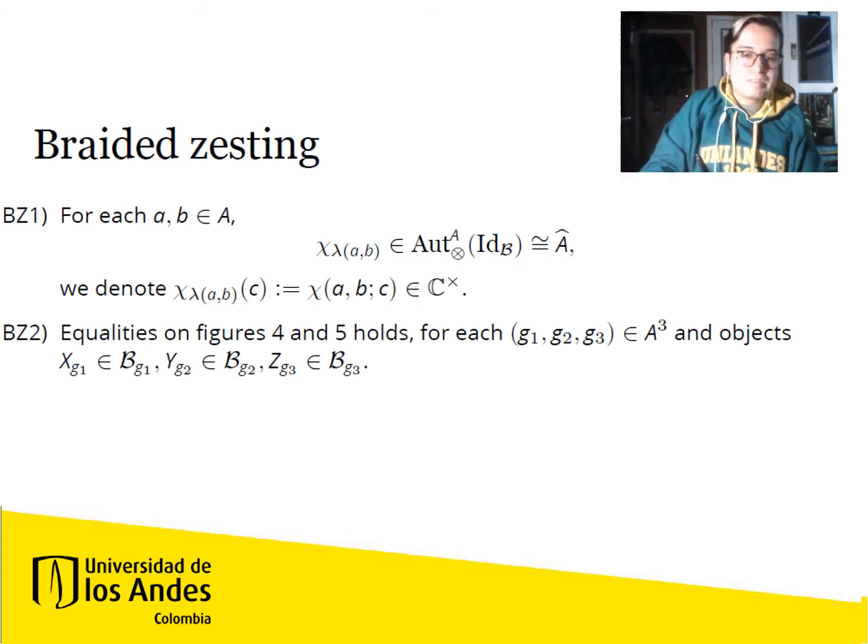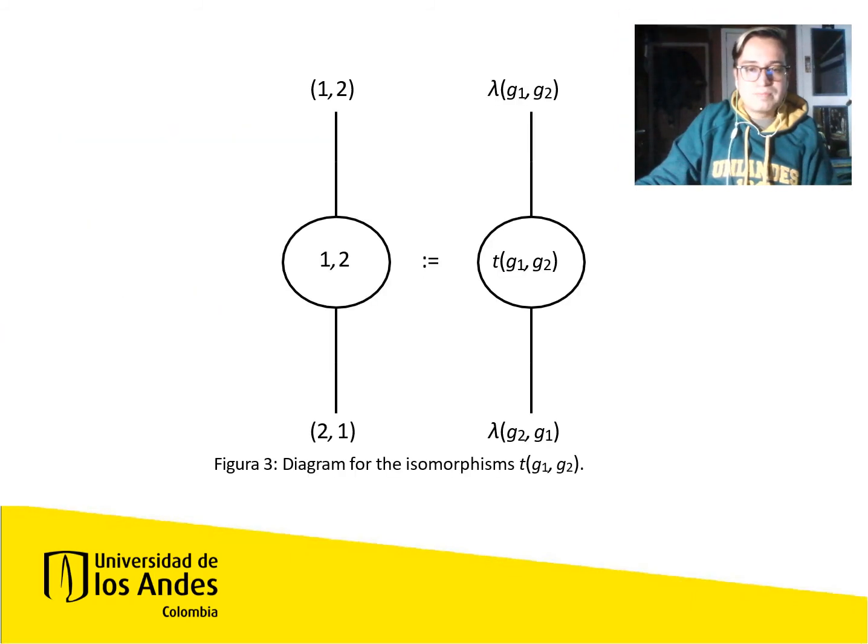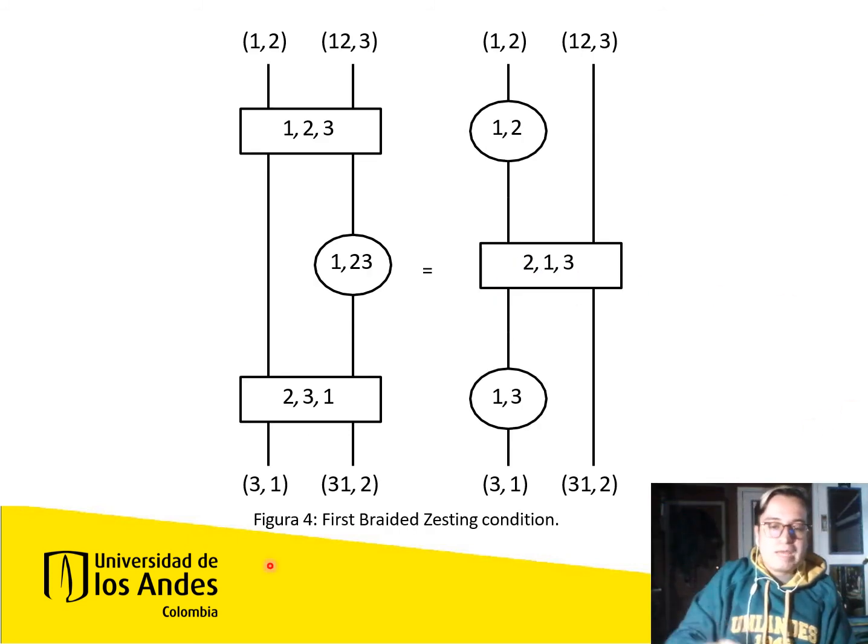First, these isomorphisms will belong to the group of tensor automorphisms that act as the identity in the trivial component. And also, for each of these objects in these graded components, I will have the following equalities in the figures. This is the way I will denote my isomorphism T using my graphical calculus. So I have these two.